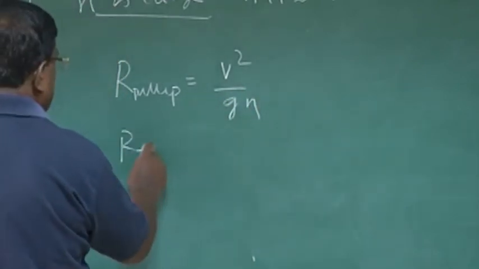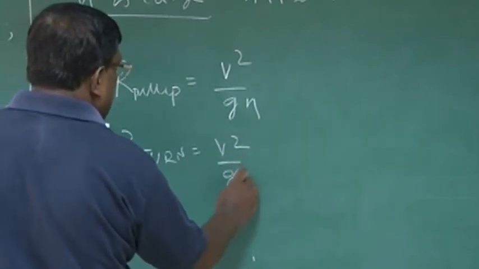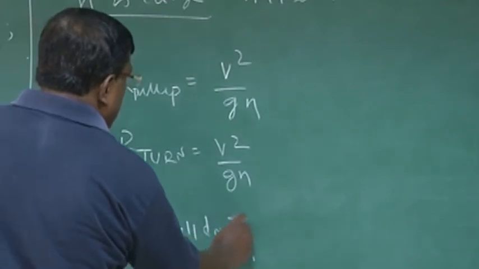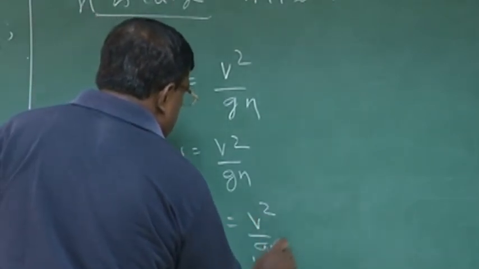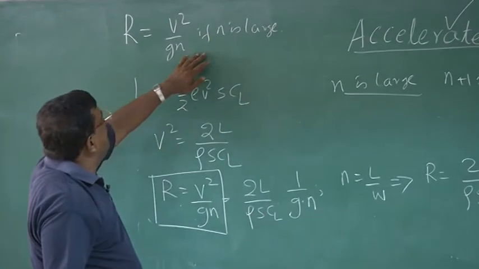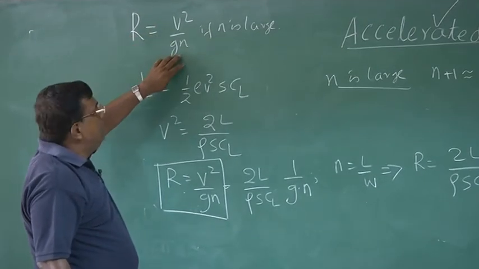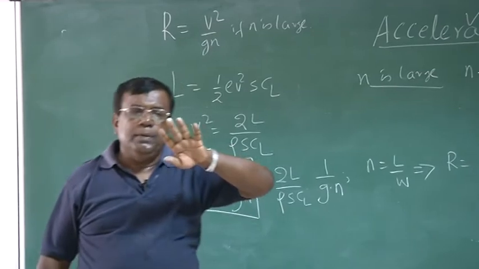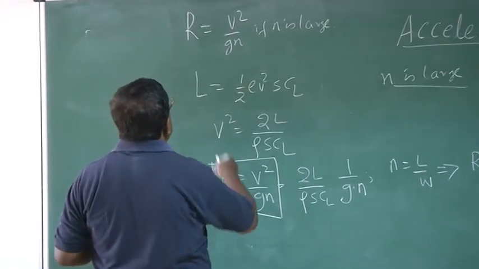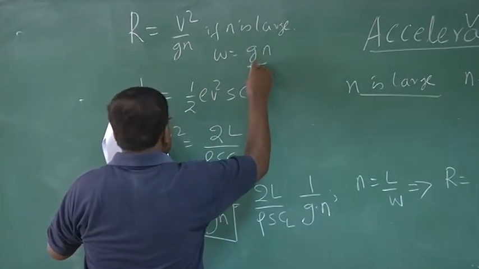Again, R turn also I get as V square by g n, and R pull down also I get as V square by g n. So we have seen that if n is large, then I can express R as V square by g n, whether it is a pull up, pull down, or a turning flight. Similarly, you can show omega equals g n by V.